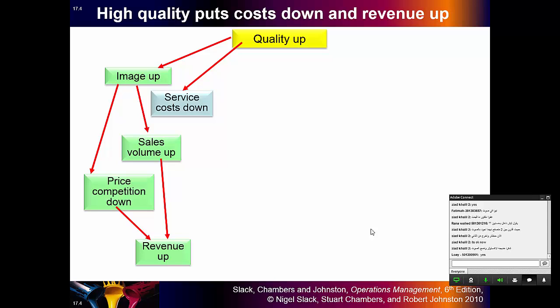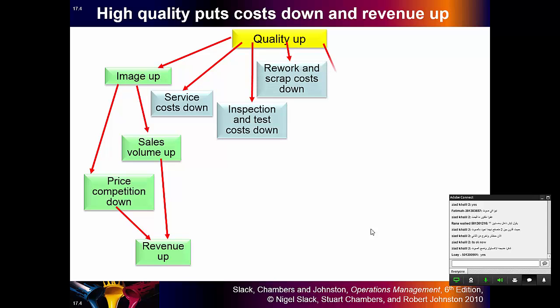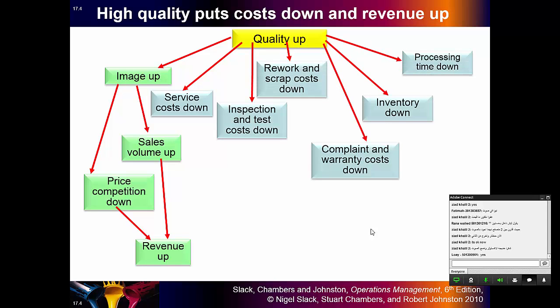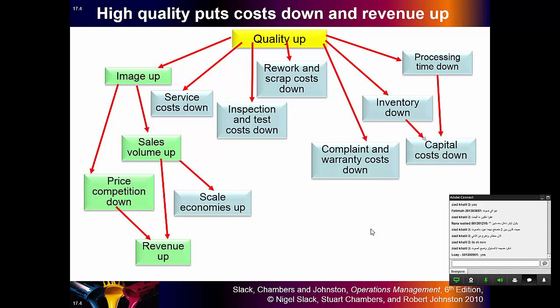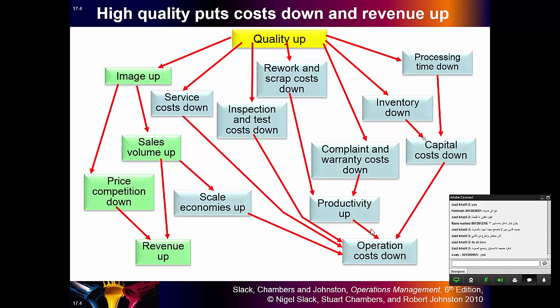How can it make the cost go down? By, for example, increasing the product image in the eye of the customer or consumer. And when this image goes up, the sales for this product or service will also go up.